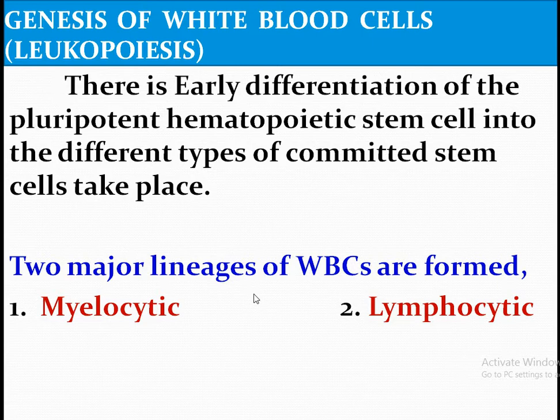As far as the genesis of WBC is concerned, there is early differentiation of the pluripotent hematopoietic stem cell into different types of the committed stem cells. Initially, we have two major lineages of WBC, that are myelocytic and lymphocytic.